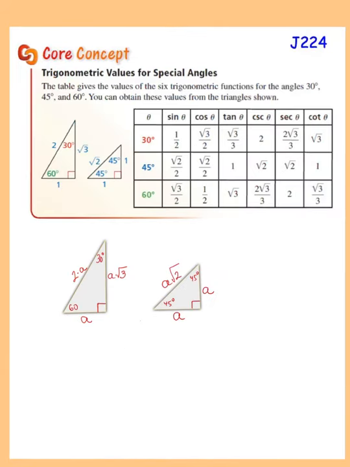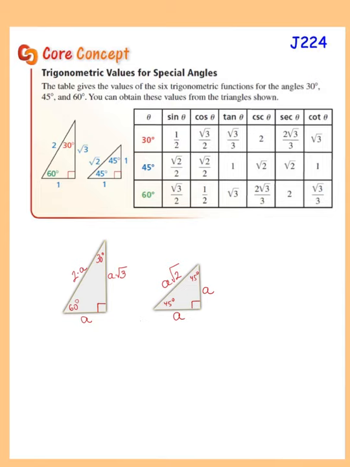On this slide, we have a core concept about the trigonometric values for special right triangles. The first special right triangle is the 30, 60, 90, and the second is the 45, 45, 90 right triangle. What I'd like you to recall is, which I drew on the bottom, the relationship between the side lengths of a 30, 60, 90 right triangle.